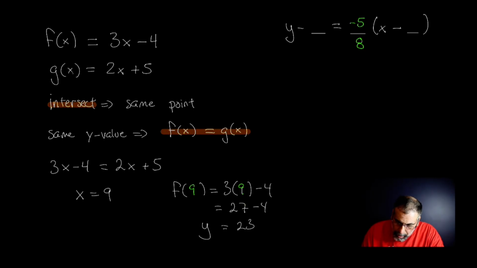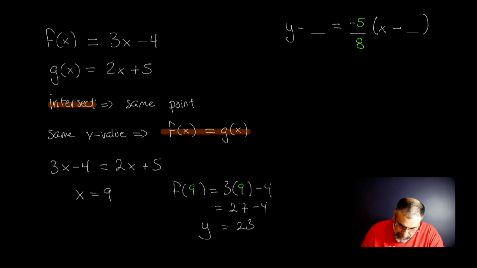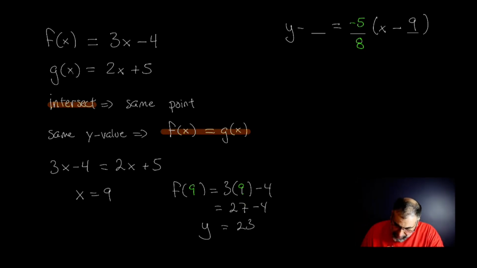So remember, our y value goes in the first blank. Our x value goes in the last blank. So we found our x value to be 9. So we're going to take this x value and we're literally just going to write it into that last blank. And the output was 23. So that y value is 23. We're going to write that in our first blank. So what we've got here is our equation of the line. This is the answer that we want to give.